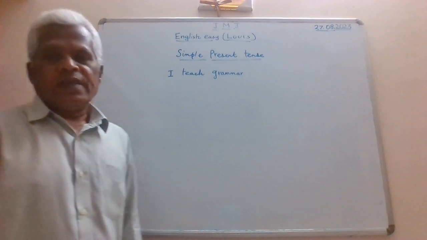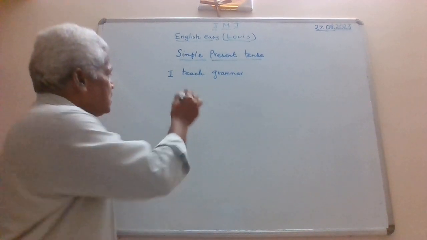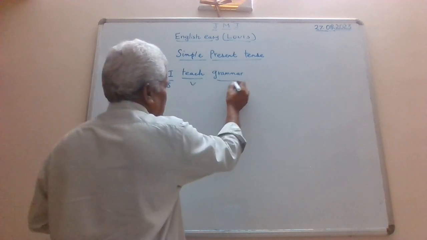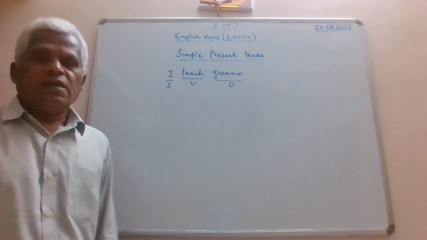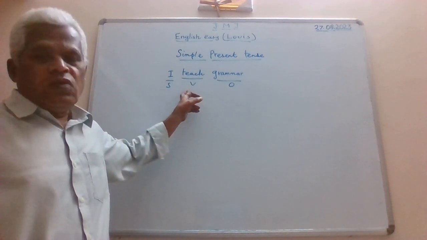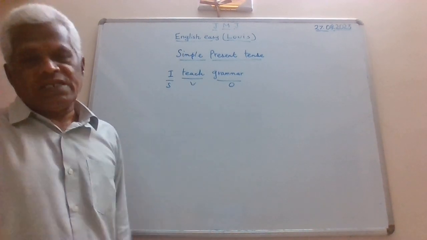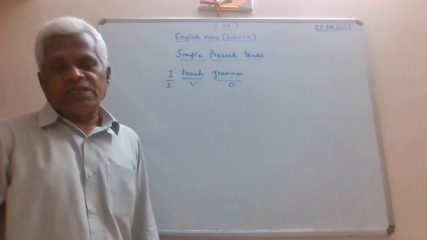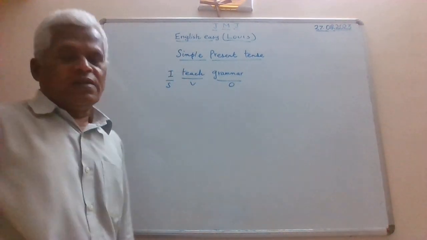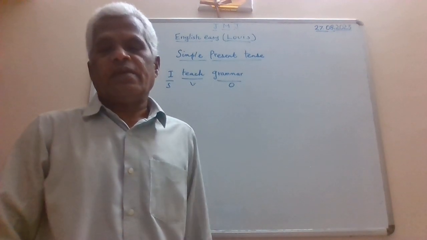Now, this is your subject, this is your verb, and this is your object. After writing this, we know that this is in simple present tense.